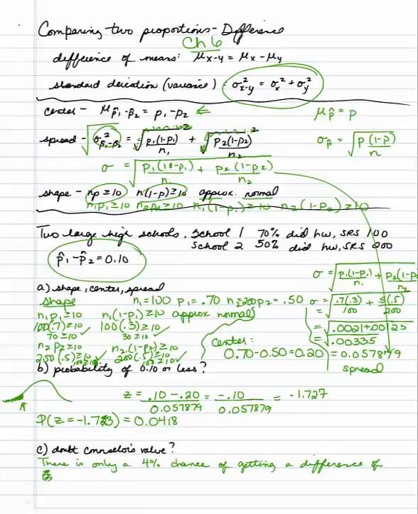in sample proportion. We forgot to put that in. As small or even smaller than 0.10, which is reported by the counselors.